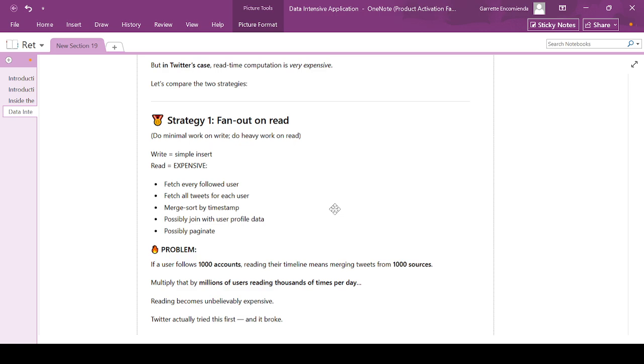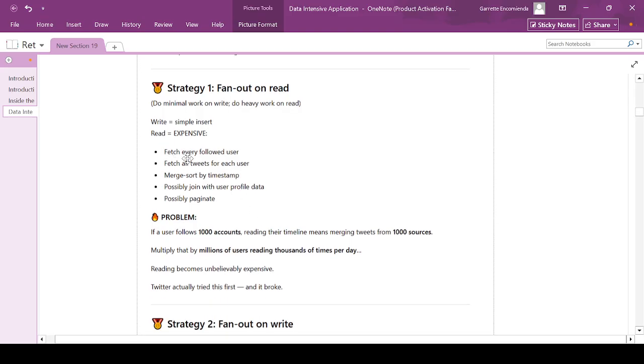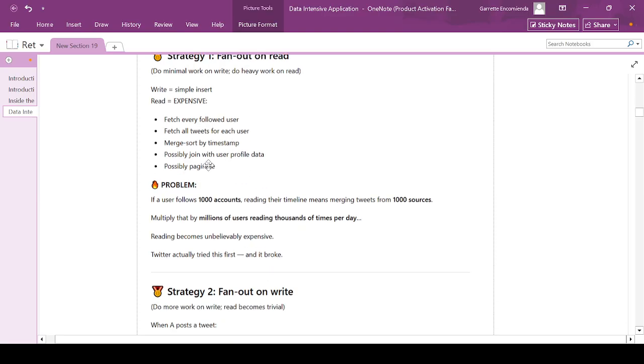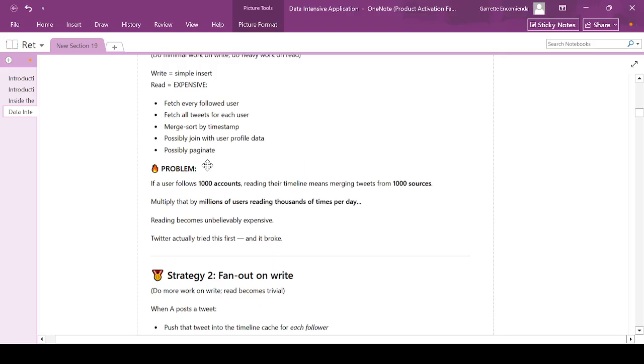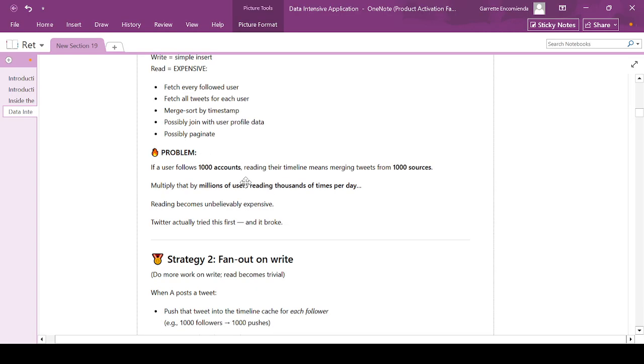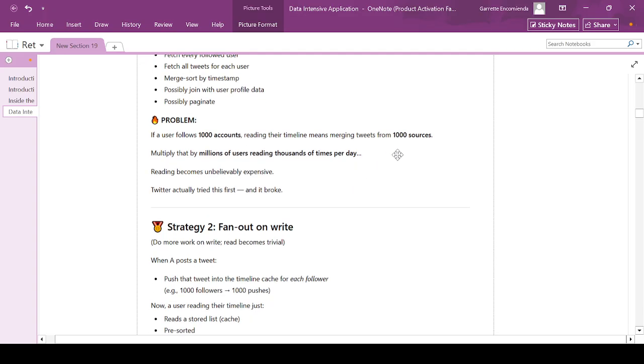Write equals simple insert, read equals expensive. Fetch every followed user, fetch all tweets for each user, merge sort by timestamp, possibly join with user profile data, possibly paginate. Problem: if a user follows 1000 accounts, reading their timeline means merging tweets from 1000 sources.